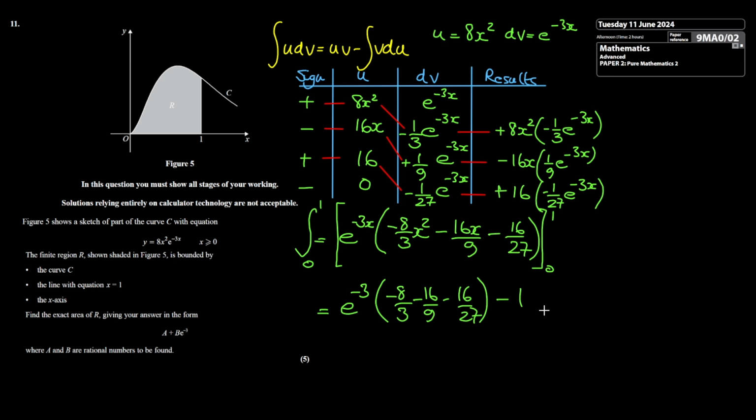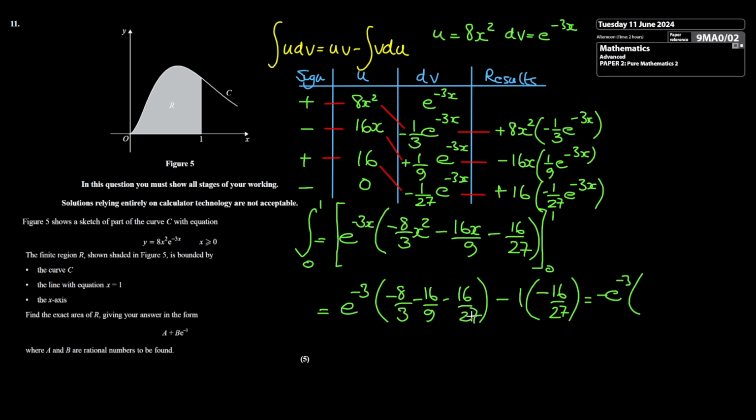And we take away, well, if I plug 0 into e to the minus 3x, I will get 1. And this multiplies by, this is 0, this is 0, so I just get negative 16 over 27. Given all these terms are negative, I can bring the negative outside, and this is e to the minus 3.